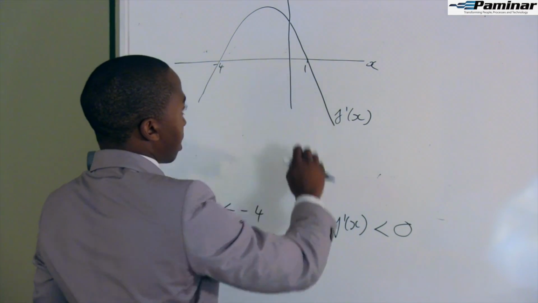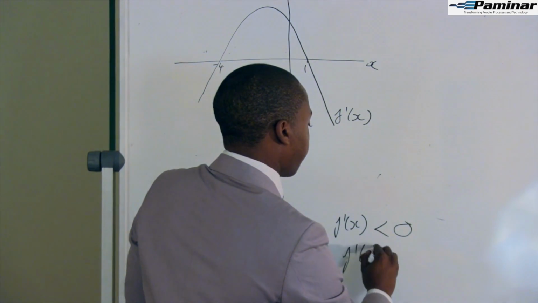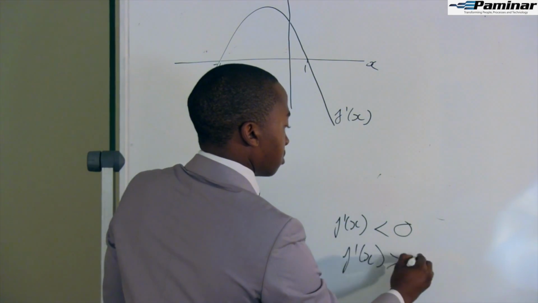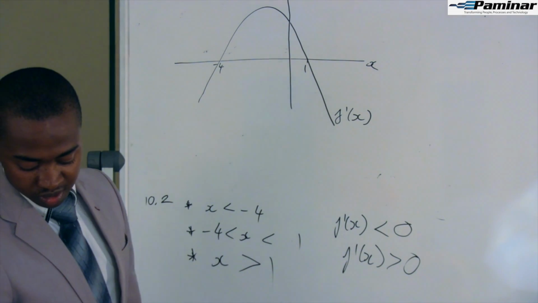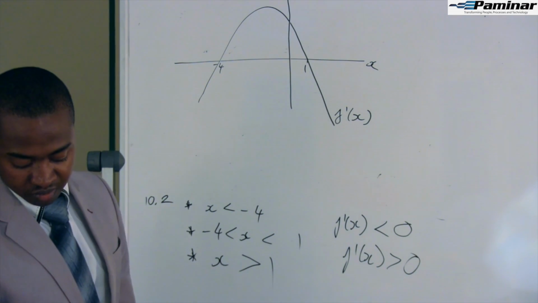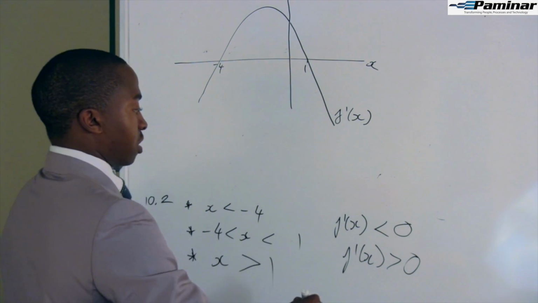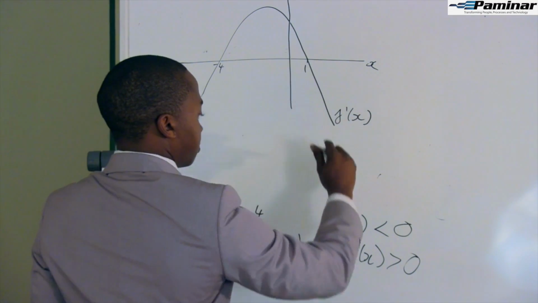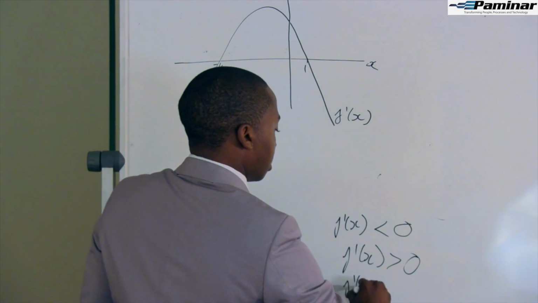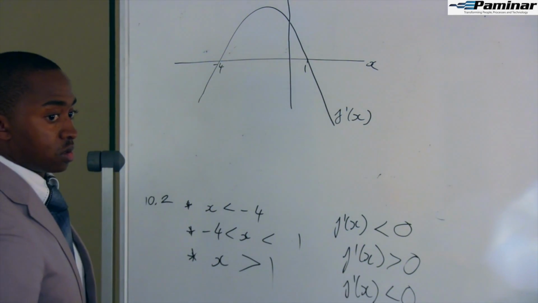Let's test now between -4 and 1. Clearly between -4 and 1, f prime x is greater than 0. And lastly, where x is greater than 1, that would also be a point where f prime x is less than 0.